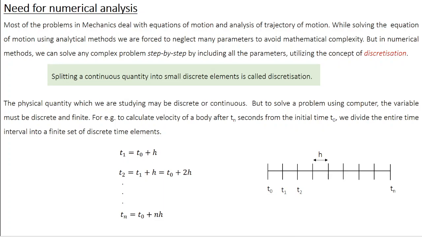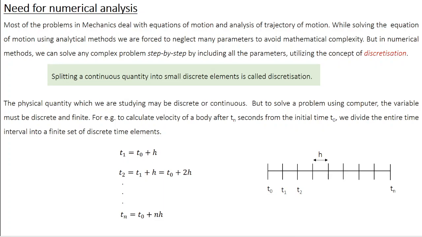Various combinations of that in a repeated manner. So the actual calculation you are doing in a numerical technique is very simple, just that you are doing it repeatedly. So however complex the problem is, you can solve it numerically without omitting any parameters.